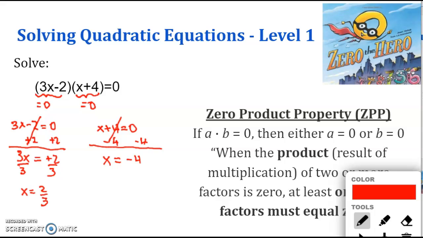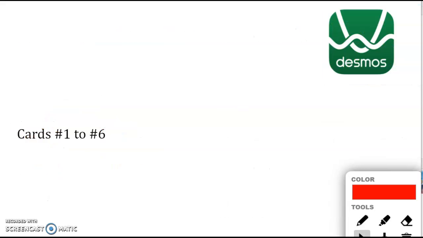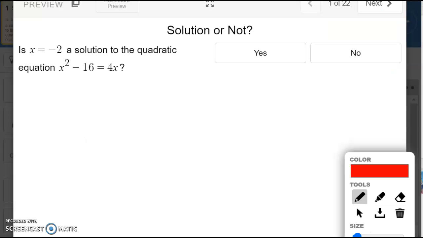They are solutions. At this point, you are going to be working on the decimals cards, number 1 to 6. Here we go. Is x = negative 2 a solution to the quadratic equation? How do we decide that? You just plug it in to see if it holds true. So that becomes (negative 2) squared minus 16.